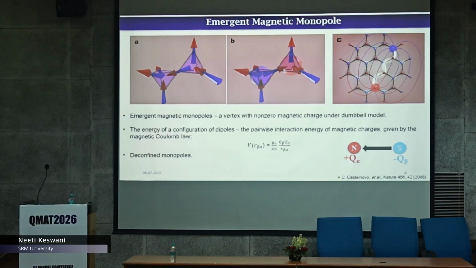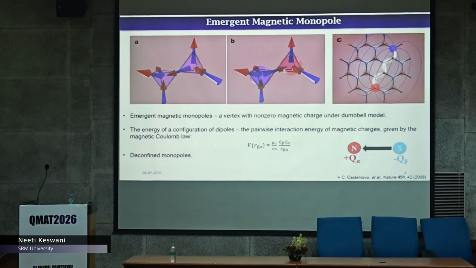This is known as the dumbbell model. When you have a slight perturbation in your system, you see this spin has flipped. So there is a generation of charge at the vertex where all four spins are meeting, a plus Q charge and a minus Q charge. They are called monopole and anti-monopole, which are connected via a Dirac string.